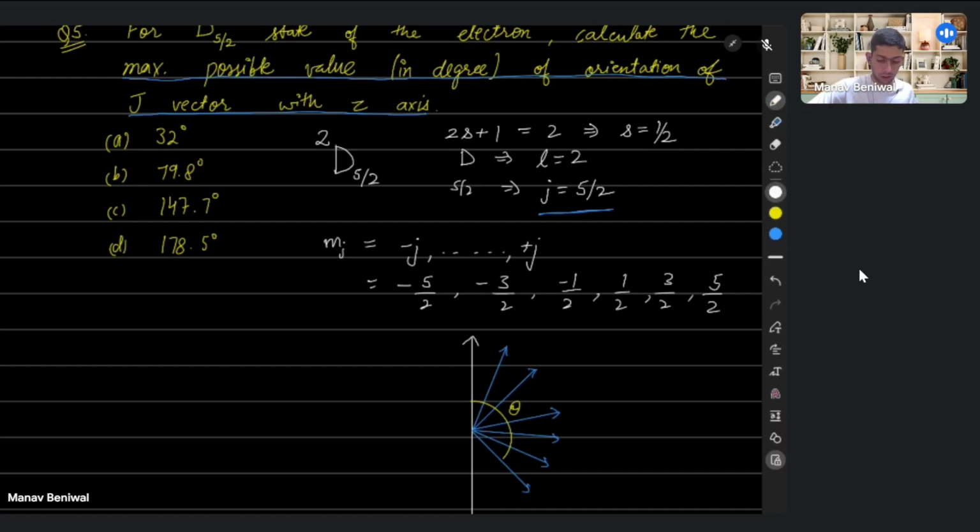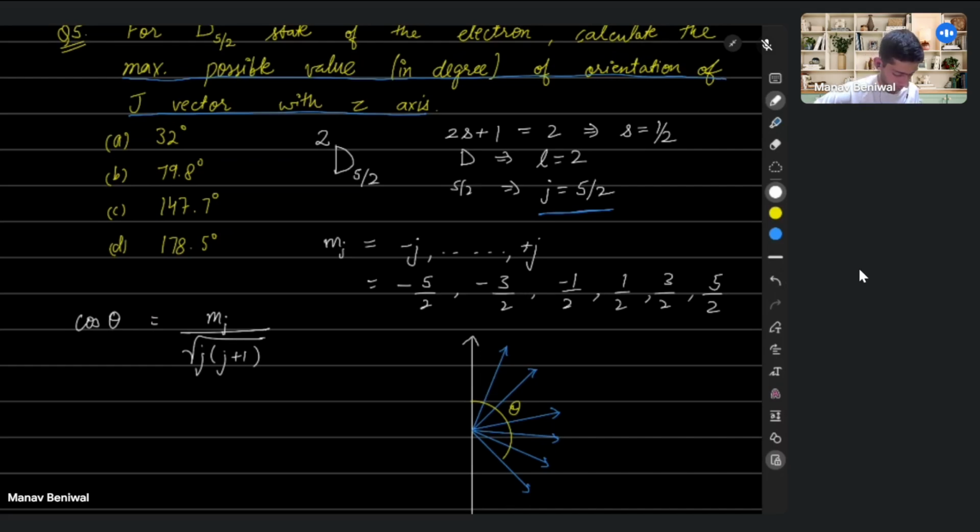Now how does the formula look like? The angle cos theta for any value of mj is given by mj over under root j, j plus 1. And we are given j as 5 by 2.